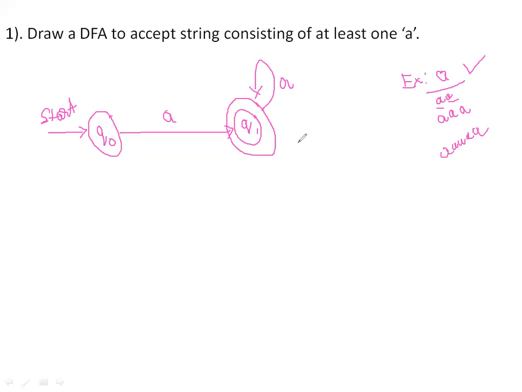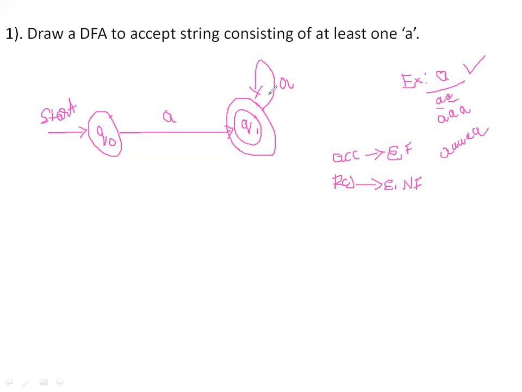According to the condition of accept and reject, it will be accepted when you are left with epsilon and you are in a final state. If you are left with epsilon and you are in a non-final state, then it will be rejected.